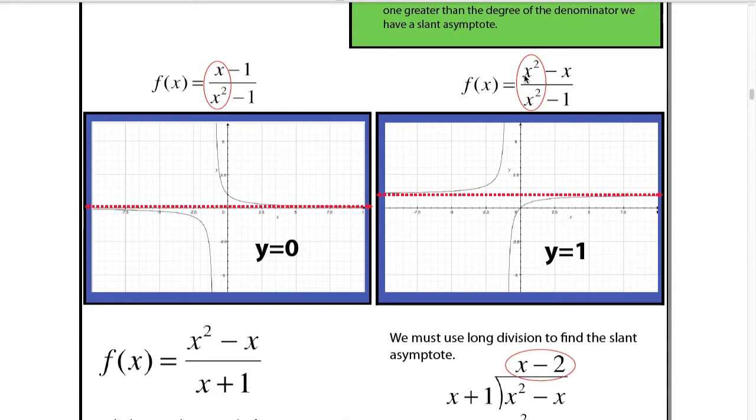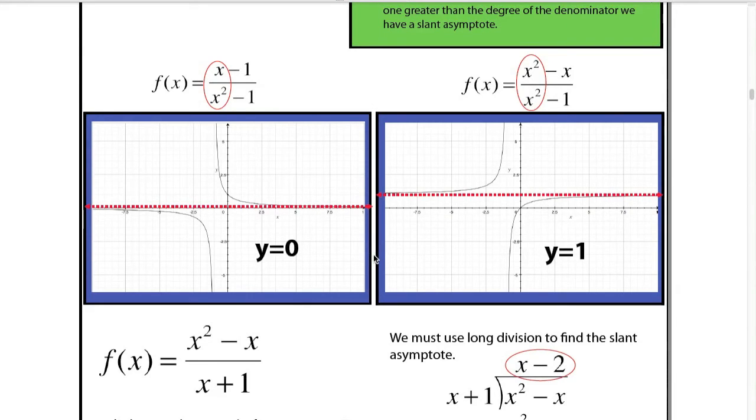We want to divide the coefficients in front of the leading terms. In this case, I have 1 and 1, so my horizontal asymptote is going to end up being y equals 1 over 1, or just y equals 1. If this had been 2 over 3, then it would be y equals 2/3. That's as simple as it gets. You simply divide the coefficients.